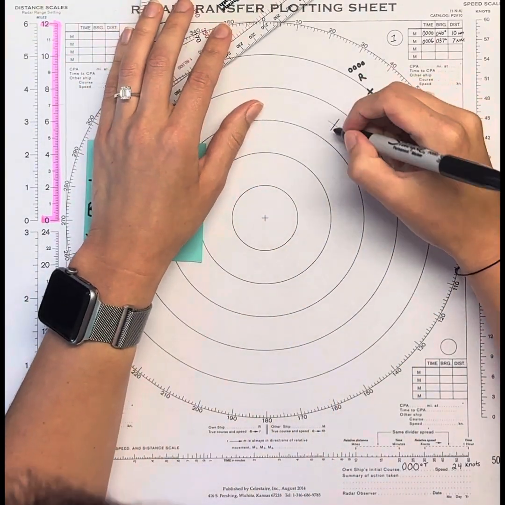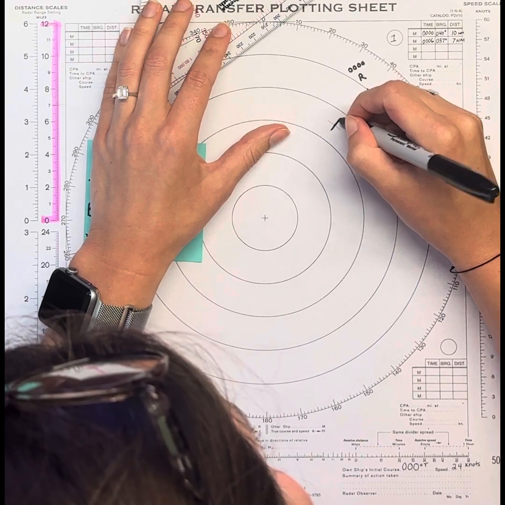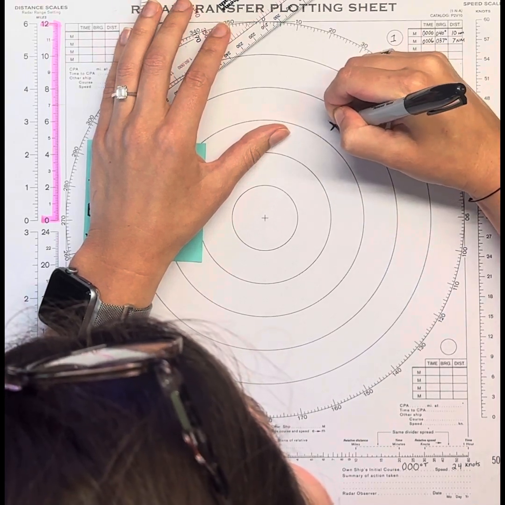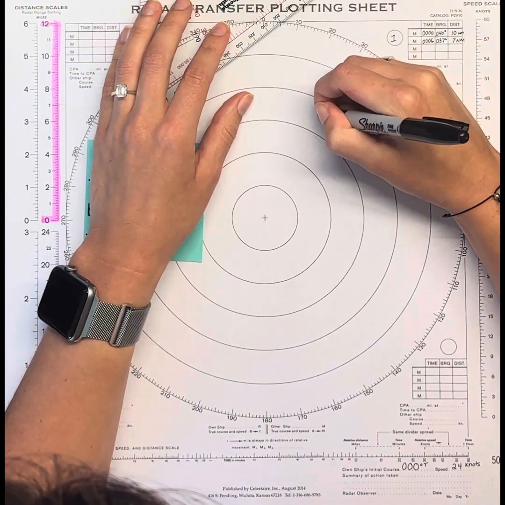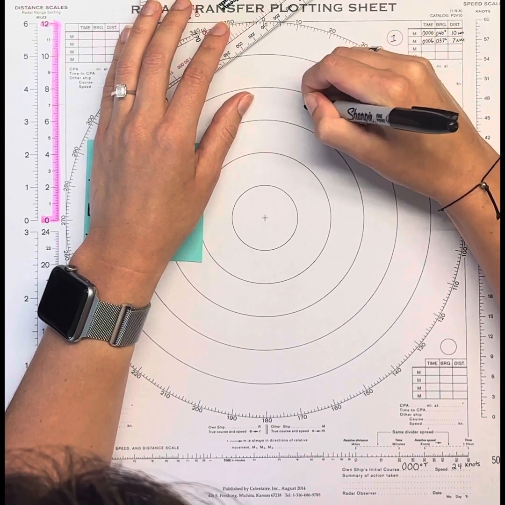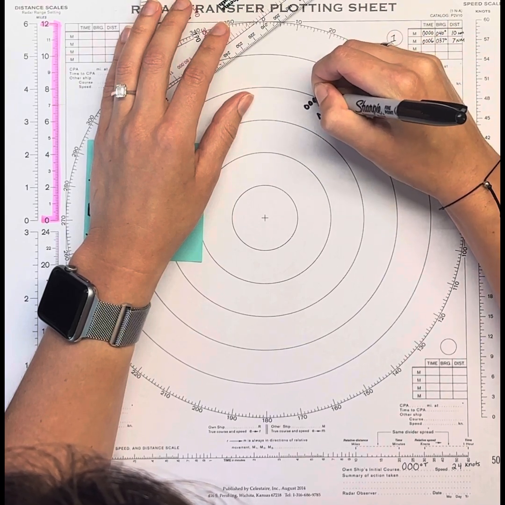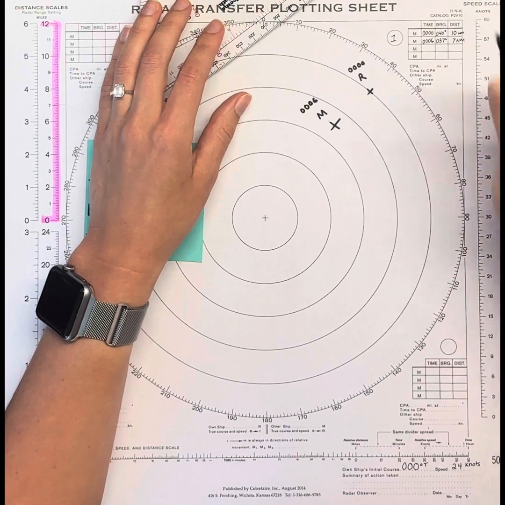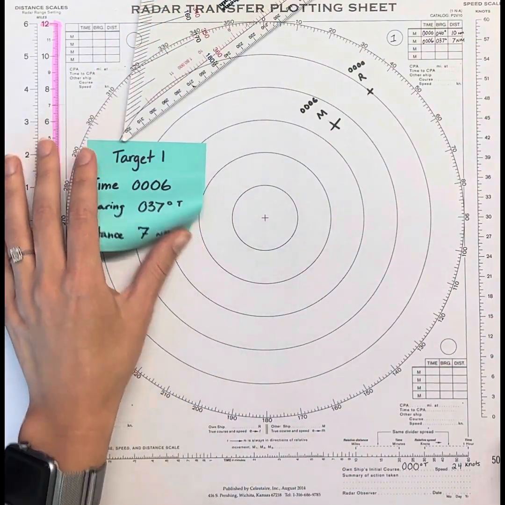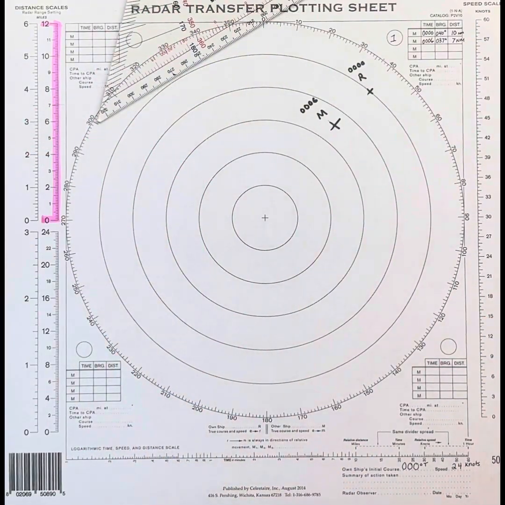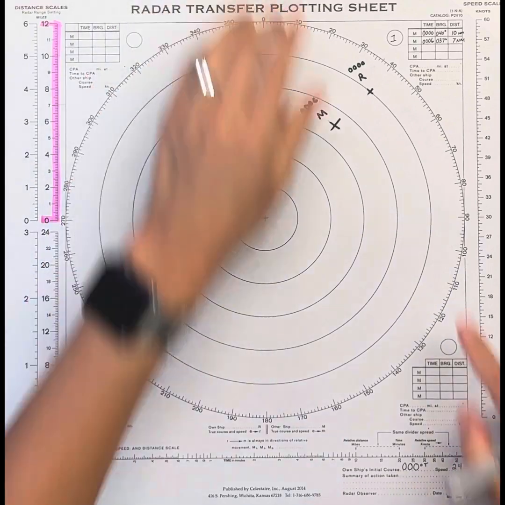Now again, I'm just going to go over in Sharpie, trying to be as exact as possible, just to show you how this will show up on your page a little bit more distinctly. I highly, highly recommend using a very small lead pencil to make all of these measurements very exact.